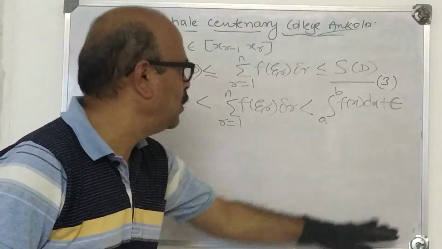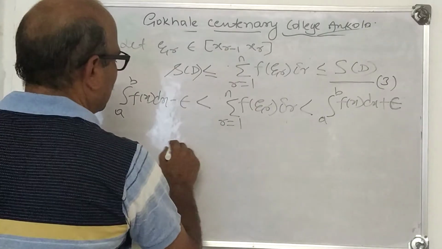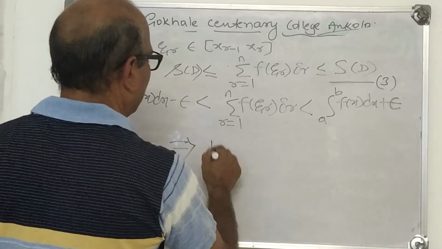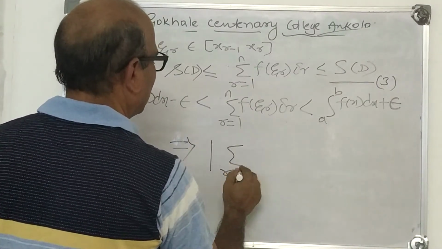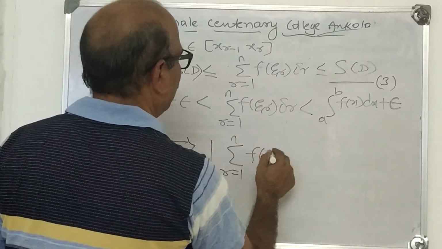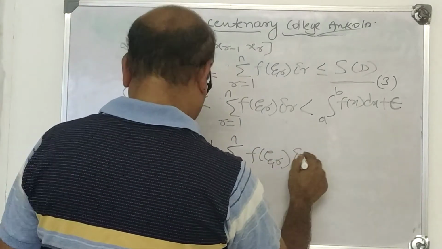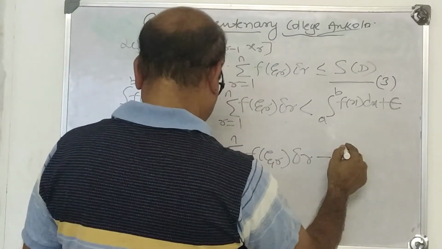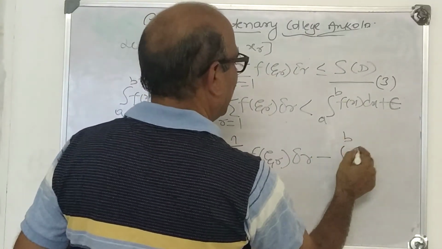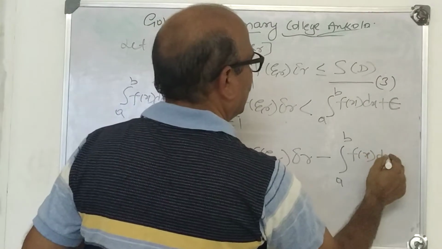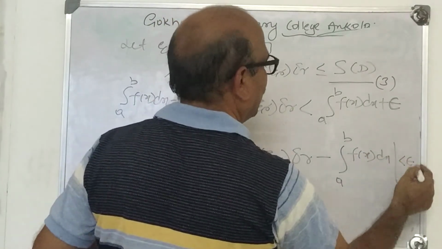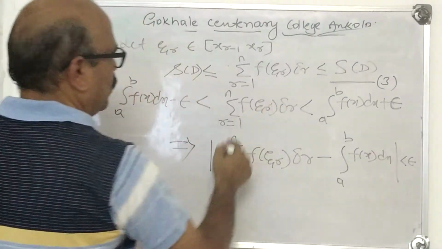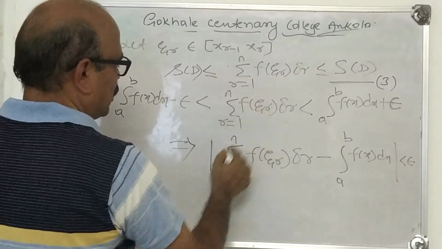Now what does this imply? From this we can write the modulus of the sum from r = 1 to n of f(xi_r) delta_r minus the integral from a to b of f(x) dx is less than epsilon. Now how can you write this?